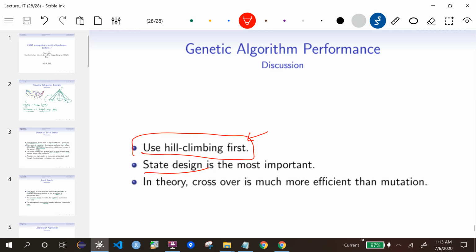That's even more important here for this algorithm. And in theory, I don't know what the theory is, but in theory, crossover is more efficient than mutation, because I guess mutation is just changing random things for no reason, but crossover is keeping the best part of each of the parents.